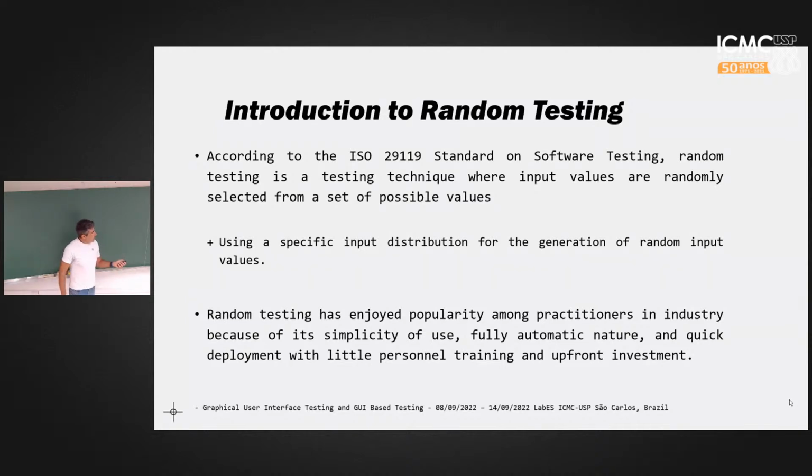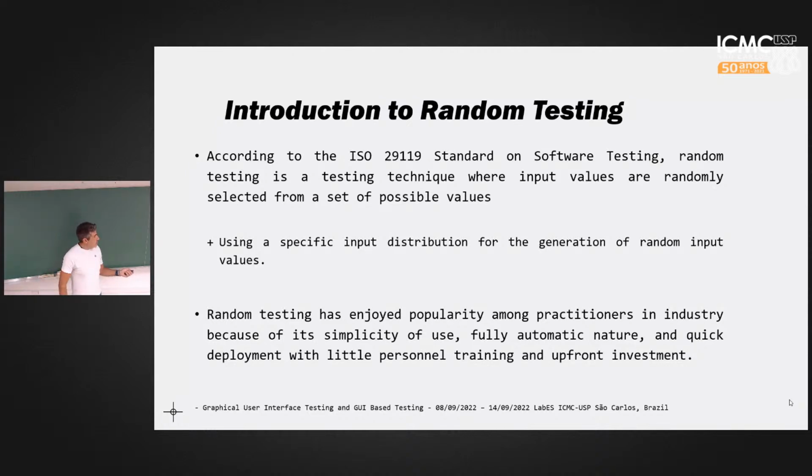So, when we use random testing, we should start from a probabilistic distribution of the input for generating the input values. In general, when I have to select input values by random, the way in which the random values are selected follows a given input distribution.